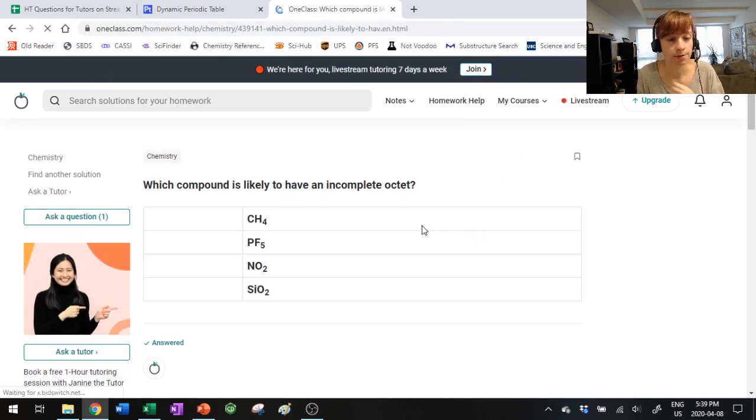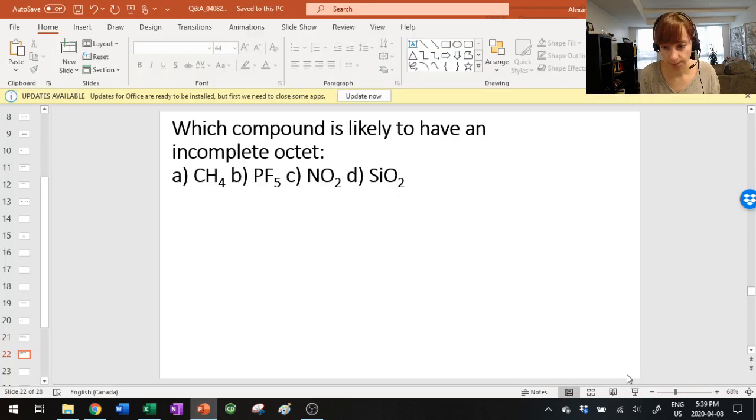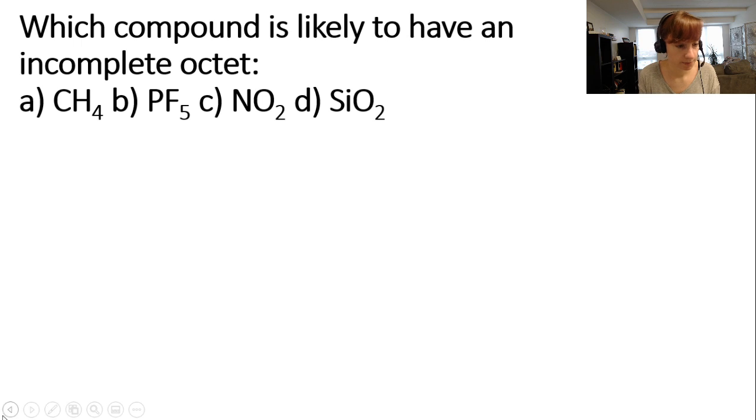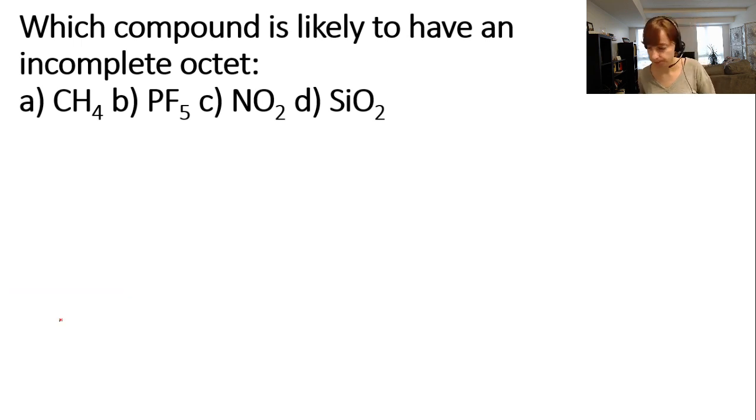Okay. So the question is, which compound is likely to have an incomplete octet? To answer this question, you need to draw out the Lewis structures of all 4 compounds. So CH4, carbon is our central atom.